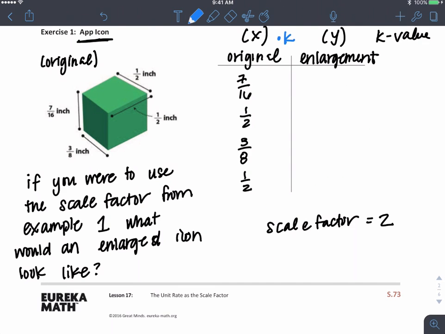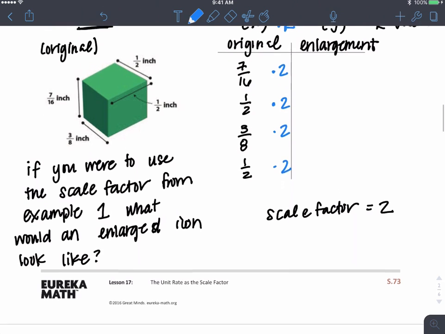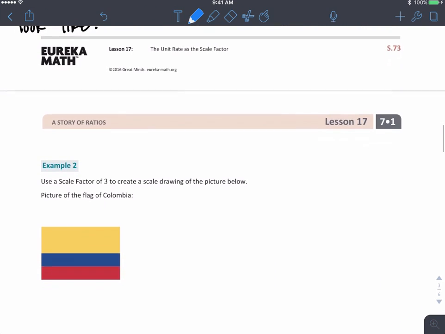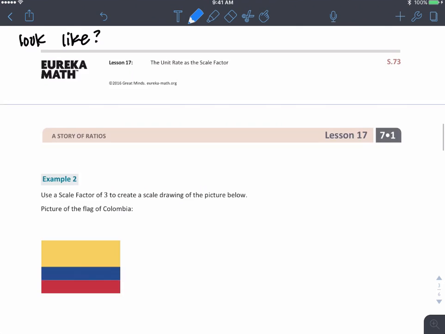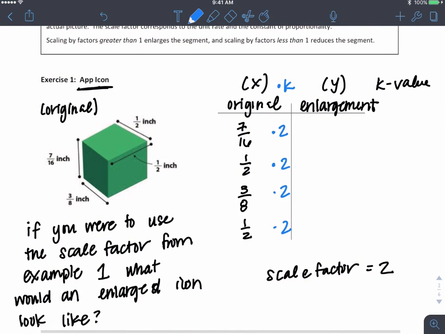We would multiply by 2 all the way down to get our enlargement dimensions, or those measurements. I'm going to let you do that on your own. Go ahead and find those enlargement values.